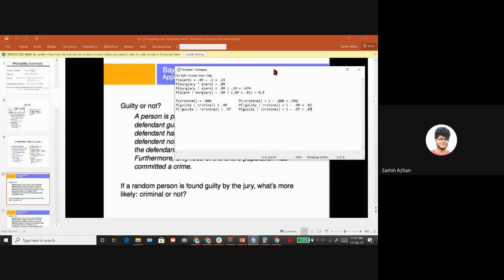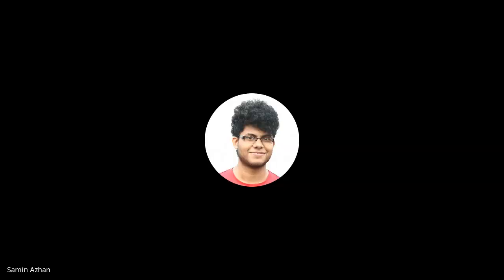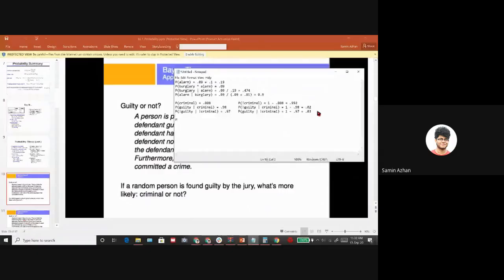Put it in terms of finding the probability of the person being a criminal, given that the jury found them guilty. True.